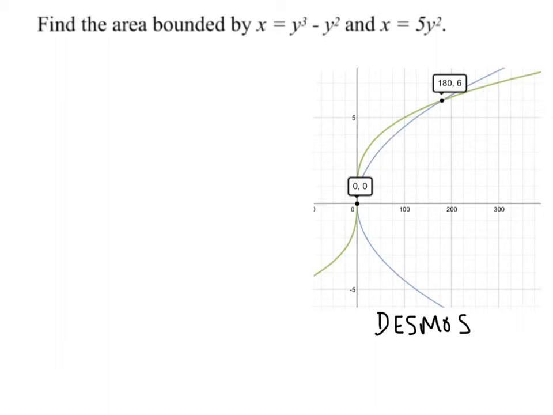So of course, we need the intersection points to set up our integral. So I'm going to set the two equal to each other. I'd subtract 5y squared from both sides. I'm going to factor out a y squared.